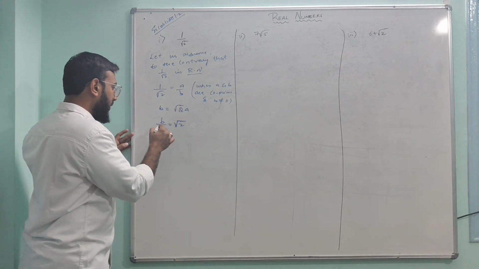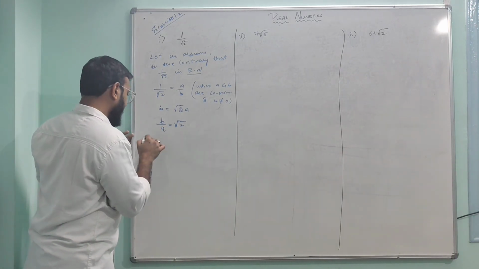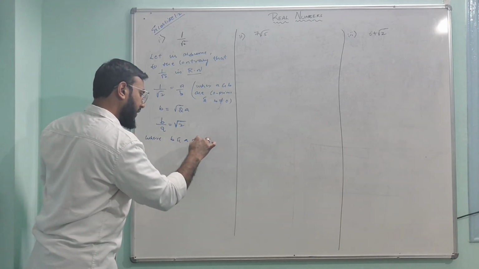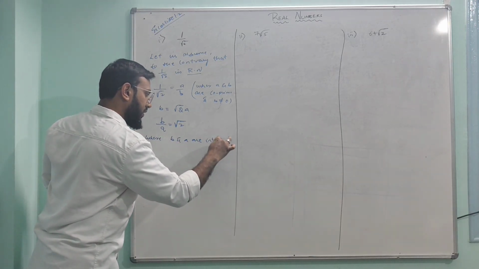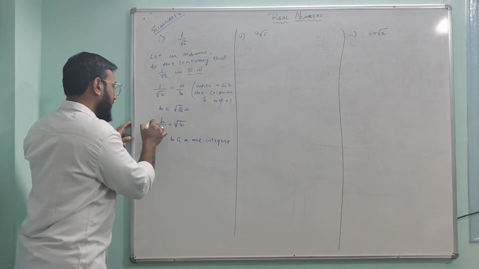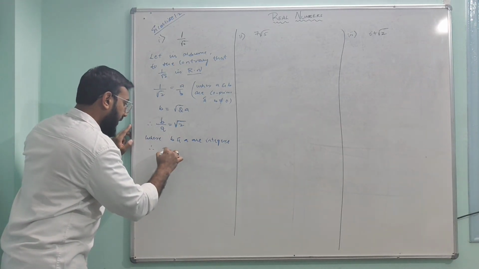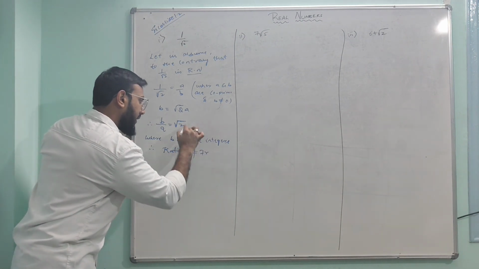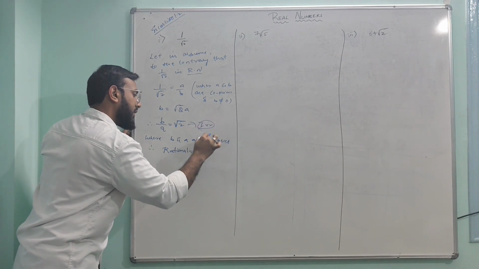Now here, b and a are integers. This is a rational number. Therefore, rational is not equal to irrational. This is an irrational number, correct?